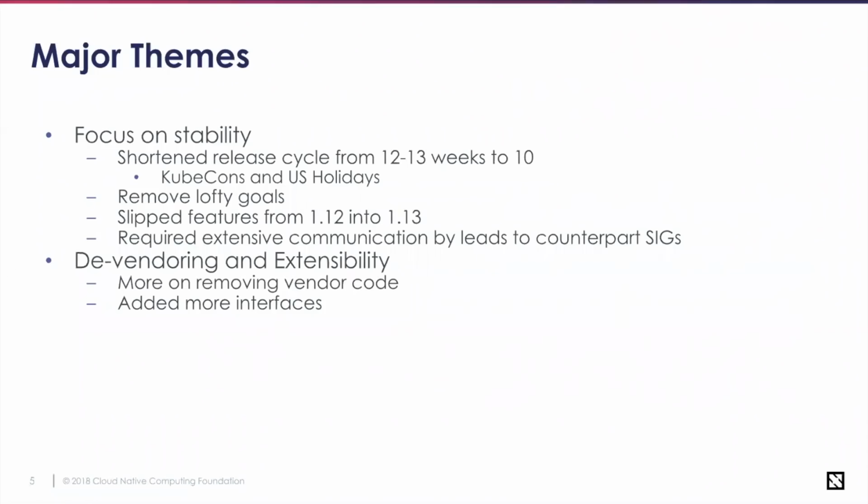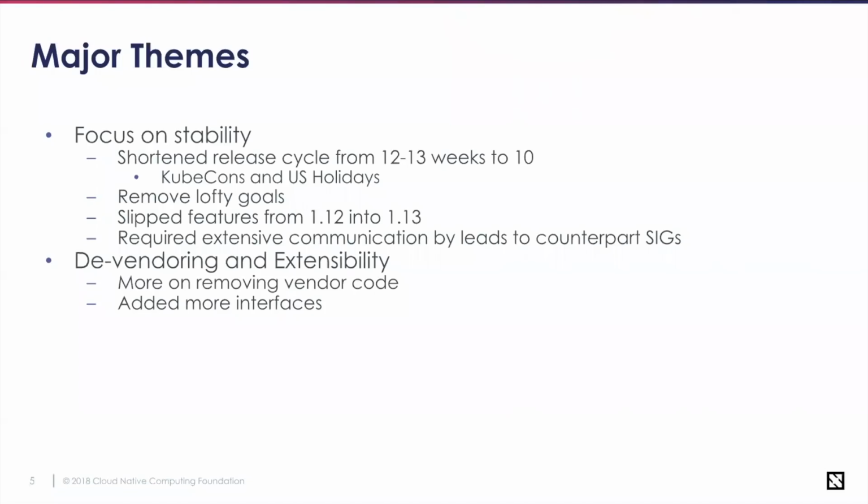In addition, to make sure that we were able to achieve the release, we removed some of these lofty goals, anything that was huge to put in there. So one of the things that we really looked at were features that had slipped from 1.12, making sure that those had priority getting into 1.13.